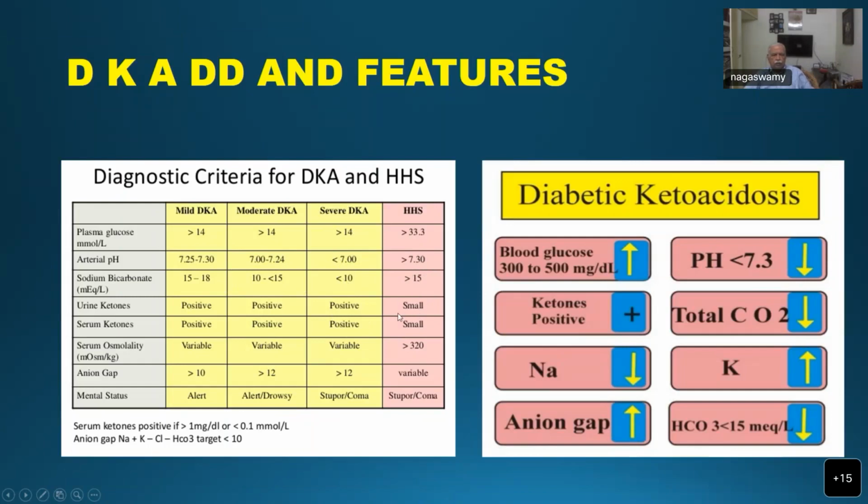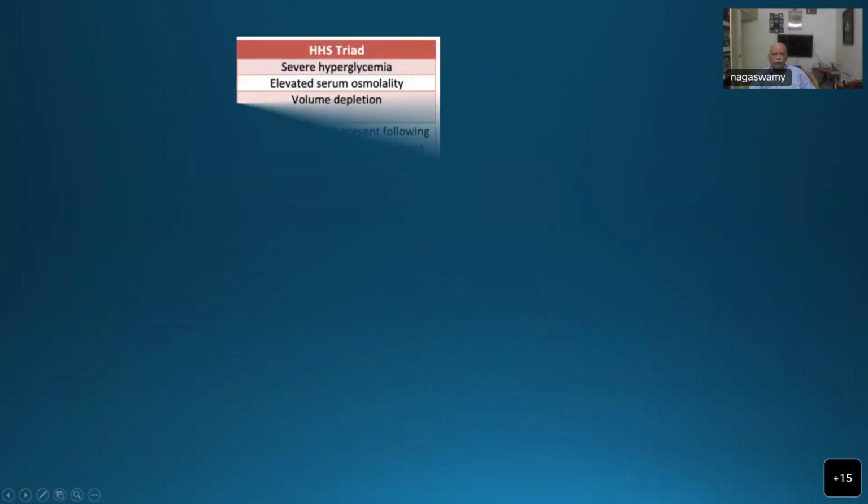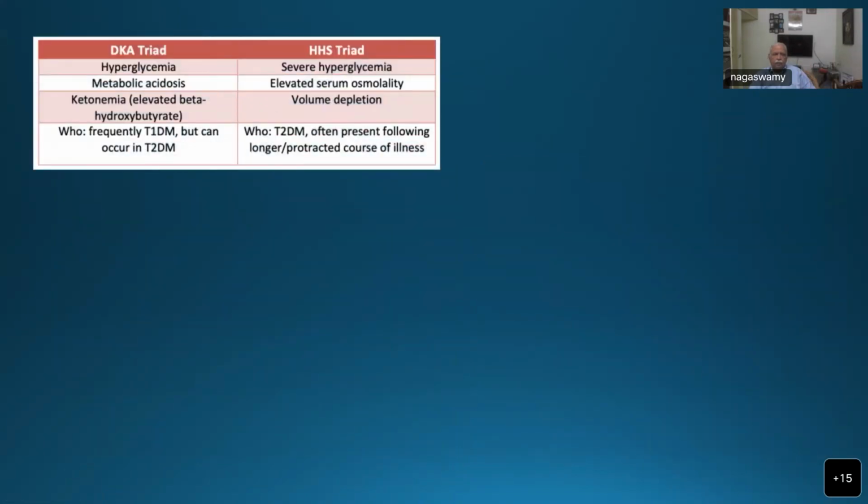So there is no ketone production, and osmolality will be very high in hyperosmolar syndrome because of the hyperglycemia, whereas in DKA it is variable, and the anion gap is very high in DKA. Patients with hyperosmolar syndrome usually present with stupor and coma. So this is the triad with which patients come.